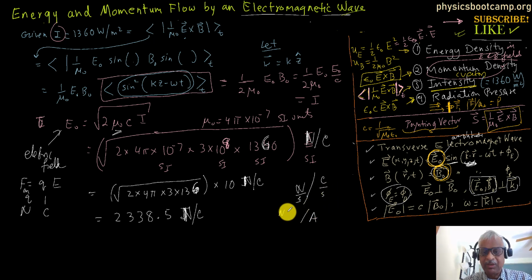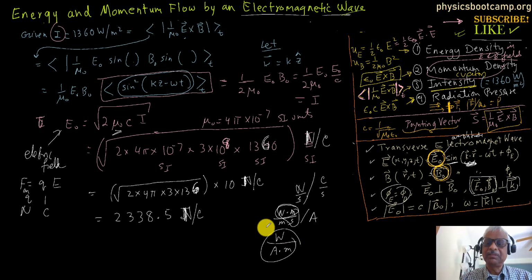And sometimes a Newton over meter will be joule. So there are several units you can use here, but the standard unit for electric field is Newton over Coulomb. Okay, so that's the electric field.